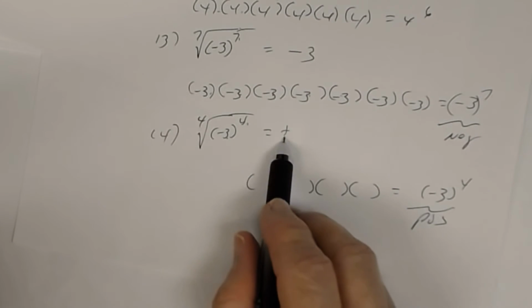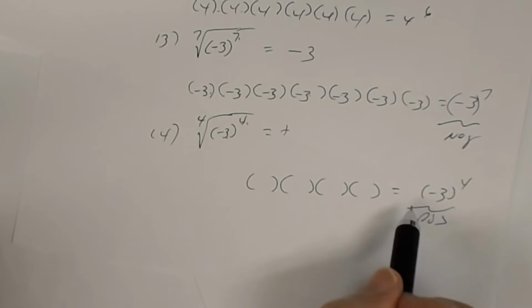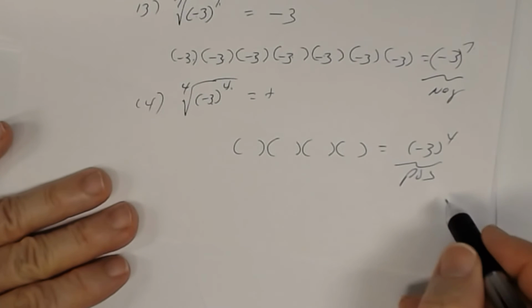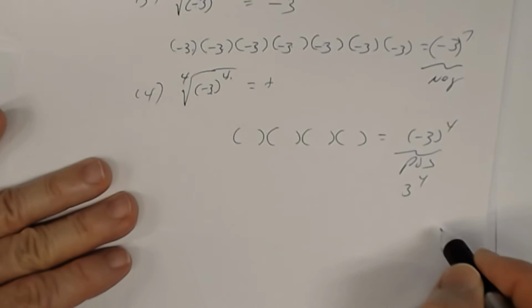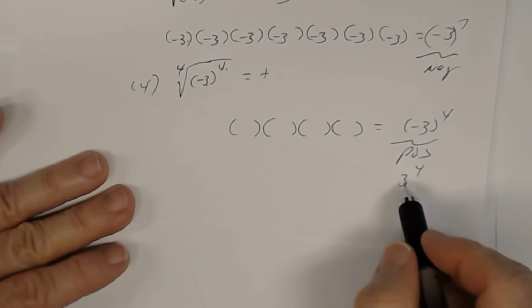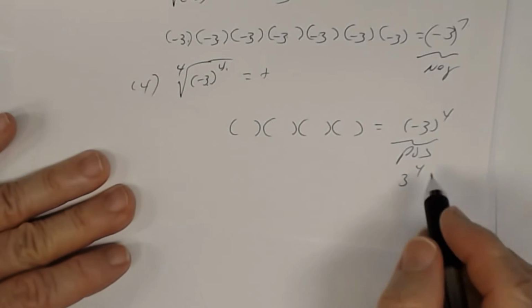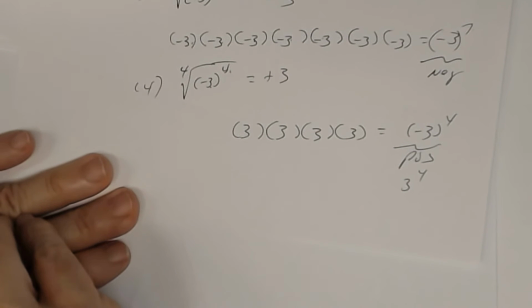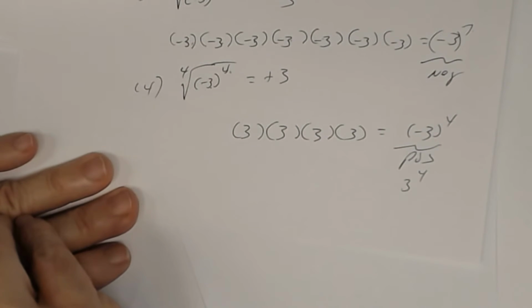But you know that can't be true. That's positive. So you got to think about, well, if this is positive, that means that this is 3 to the 4th. Negative 3 to the 4th means the same thing as 3 to the 4th, right? So you're going to put a 3 here. And so this has to be a positive 3.